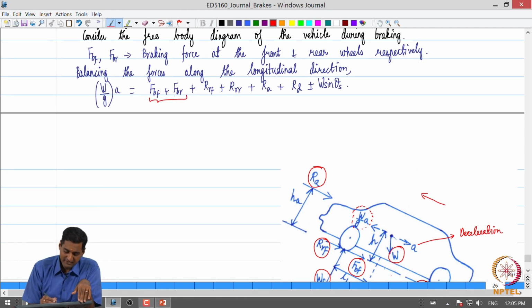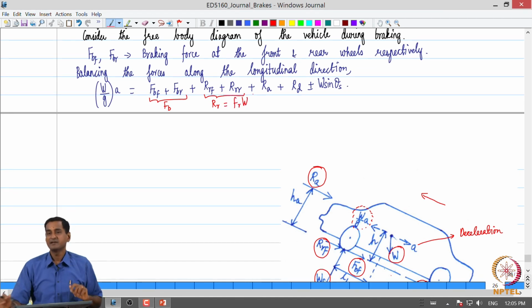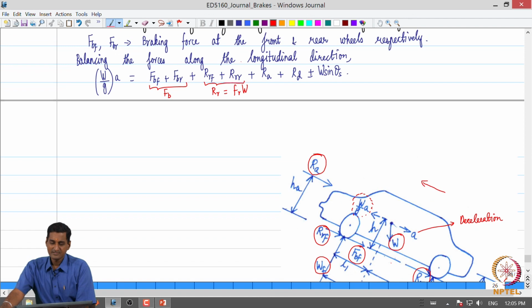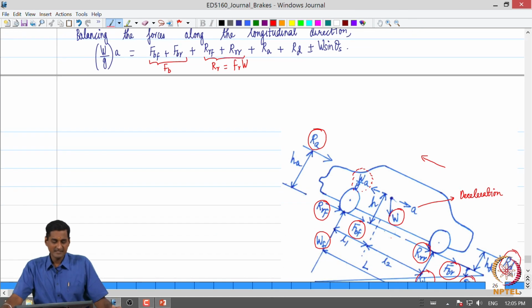FBF plus FBR is the total braking force, which we are denoting by F subscript B. This, as we already know, is the total rolling resistance R subscript R, which we can rewrite as fR times W, fR being the rolling resistance coefficient. We are aware of these aspects.